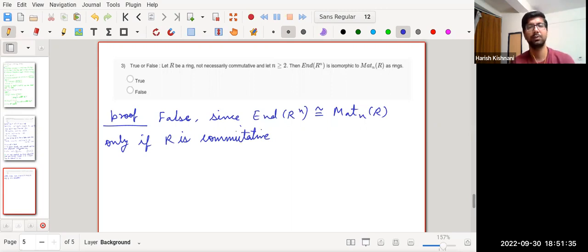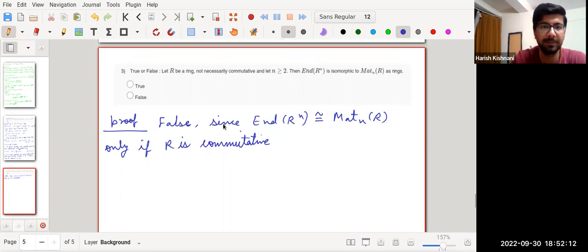For a non-commutative ring, you won't have this, because if you look at the proof of how we prove this, to interchange the coordinates we need that R has to be commutative. In the first lecture of this week, it has been proved that this ring is isomorphic to the matrix ring of R. There we need that R has to be commutative. Then only we can interchange the coordinates, the scalars, and without that we won't be able to show that. So that's why this statement is false.